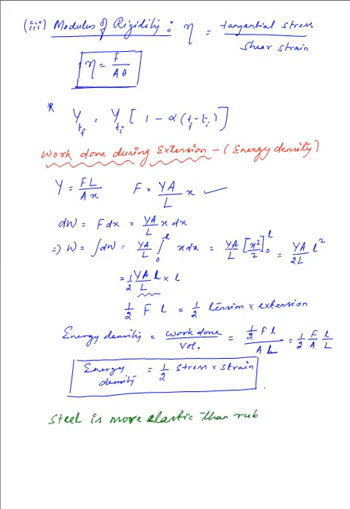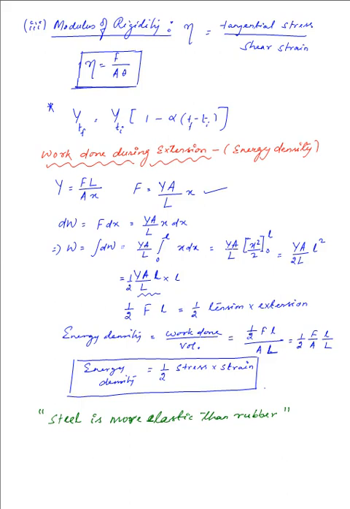Pretty interesting. Who would have thought that rubber is going to be less elastic than that rigid fellow steel? That's because the extension of steel is less than the extension of rubber for a given stress. It's as simple as that. You apply the same amount of stress on a steel bar or a steel pipe, and the same amount of stress on a rubber.